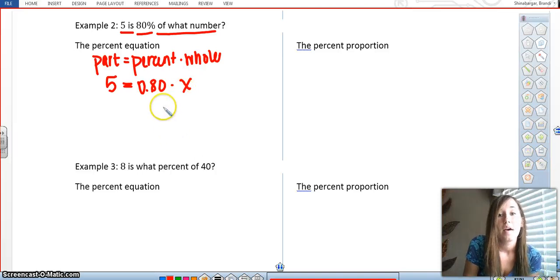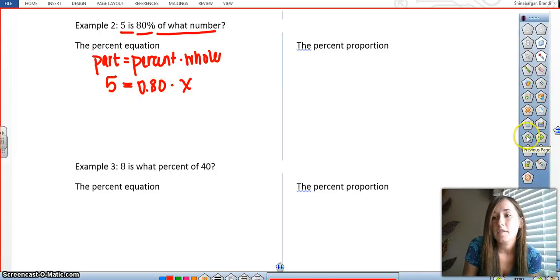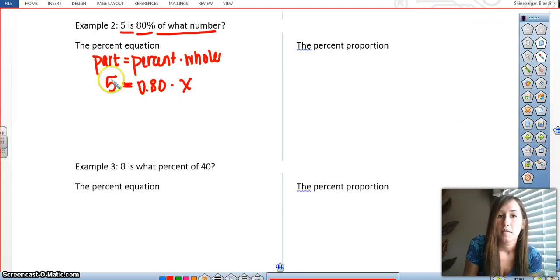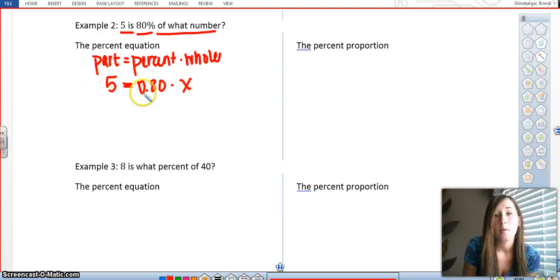Now, here, our problem is a little different. Our last problem, we just had to multiply those values to get our answer. In this problem, we kind of have the answer to the problem. Oh, this times that equals 5. But we need to work backwards to solve it.